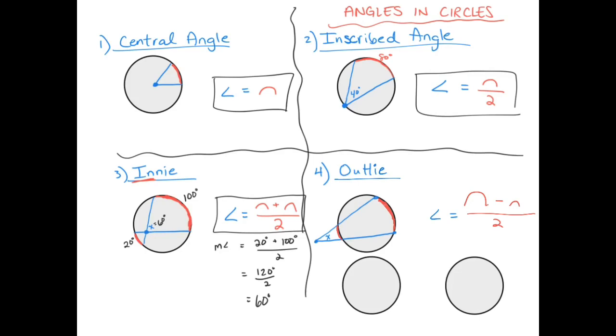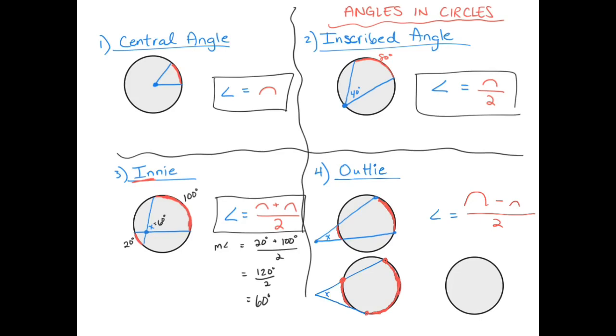So that's one example of an outie where I have two secant lines. Another example could look something like, maybe I have one secant and one tangent. It's still an outie, and I still have two arcs, my bad. I still have an arc down here and an arc out here that's formed by that angle.